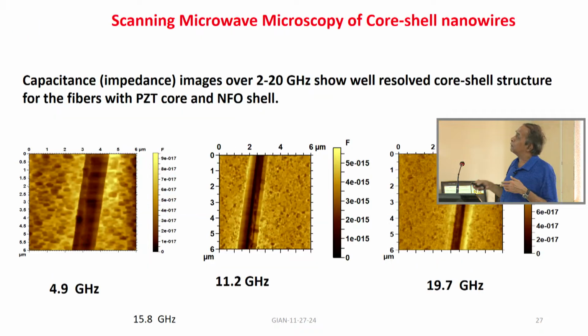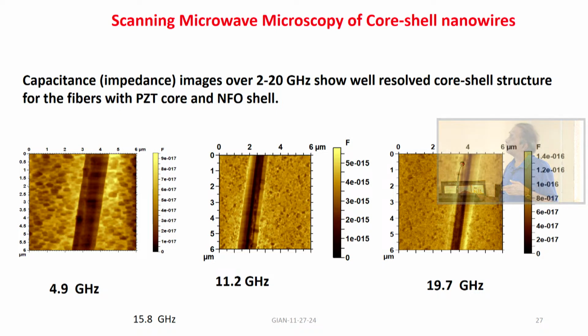And scanning microwave microscopy is an imaging technique using a tip made of microwave frequency radiation. What it does is image the fiber in terms of high frequency impedance or capacitance. So it will differentiate the core and the shell with distinct contrast in color. That is what you see here.